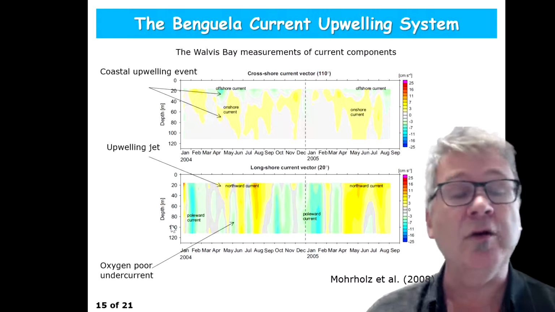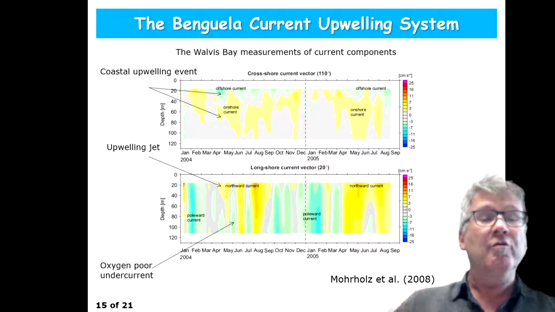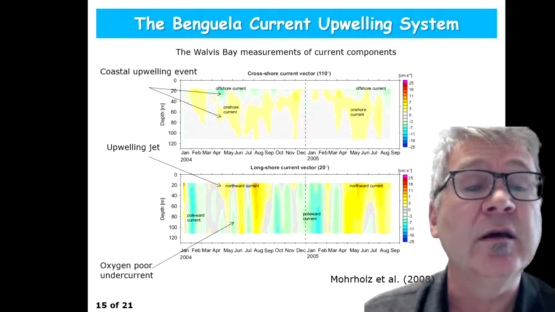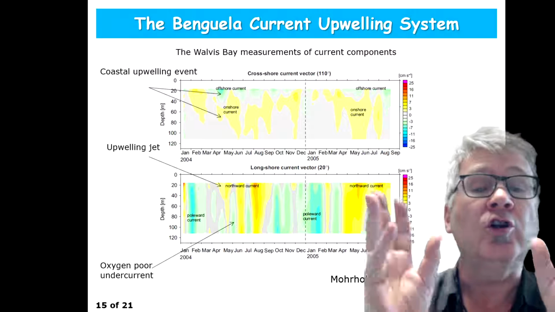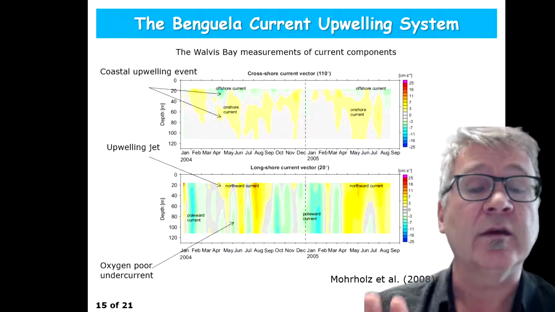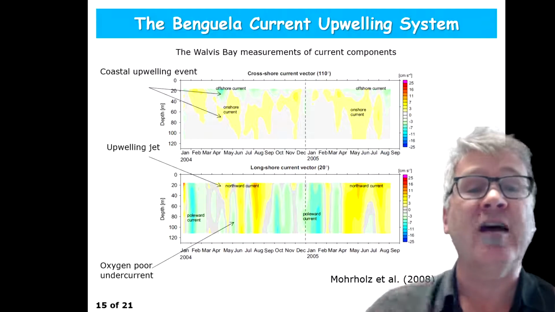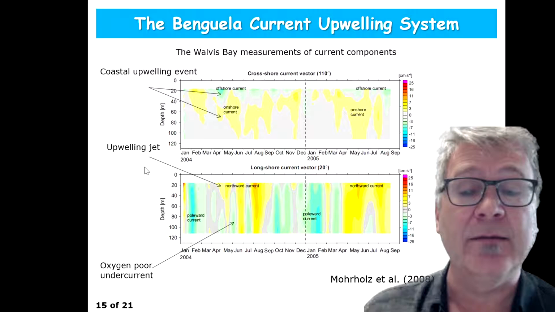Okay, so there are people going out, installing a mooring, and measuring currents. And what's shown here are current components as a function of time. So the x-axis is time.